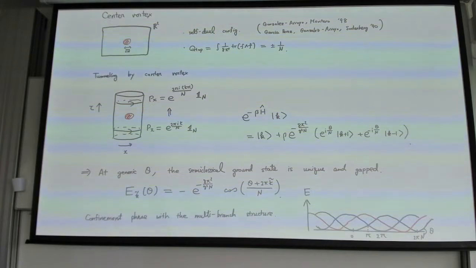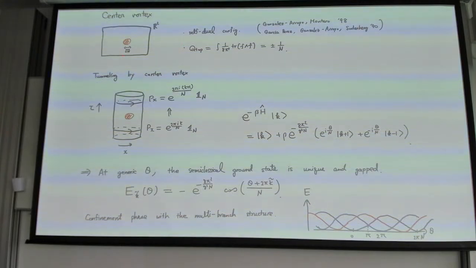In this T^2 compactified setup with the 't Hooft flux, there is a configuration called the center vortex, which is really just like a vortex in the uncompactified R^2 direction. The property is that this configuration is self-dual. Although there is no analytic proof for the existence of the self-dual configuration, Gonzalez-Arroyo and his collaborators have shown that such a configuration exists by numerical minimization of the Yang-Mills action with the twisted boundary condition.